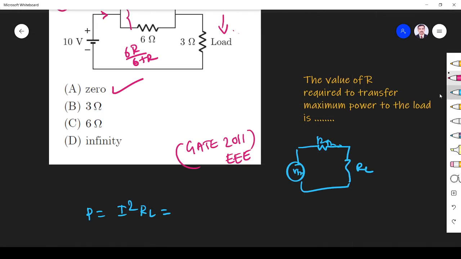I is nothing but V by R, where R is R Thevenin plus RL. That is the condition.